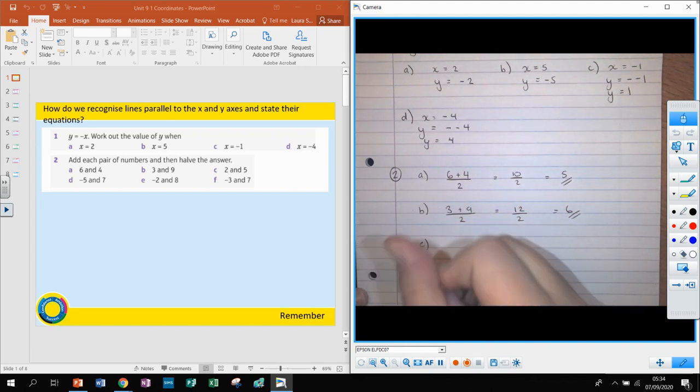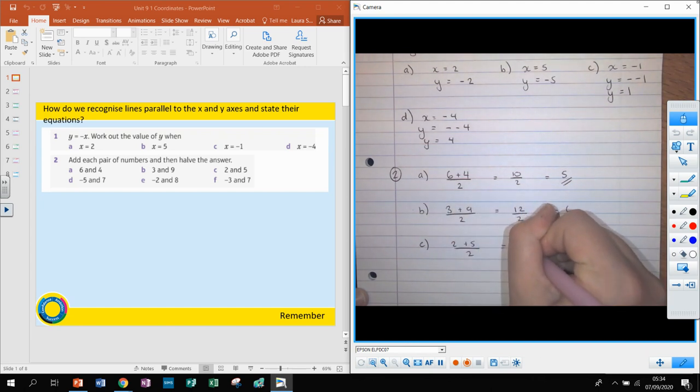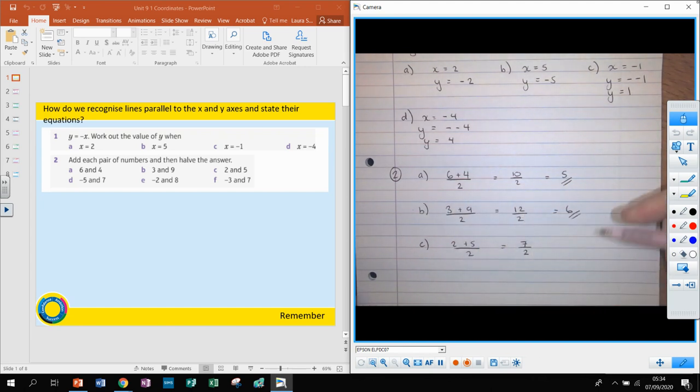Part C, we would have 2 add 5 divided by 2, which is 7 divided by 2. Now, we could help ourselves by turning this into a mixed fraction. 2 goes into 7 3 times with a remainder of 1. We don't need to leave it like that. We can use a decimal since it's just a half.